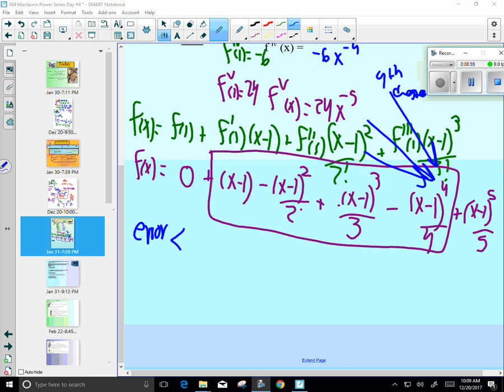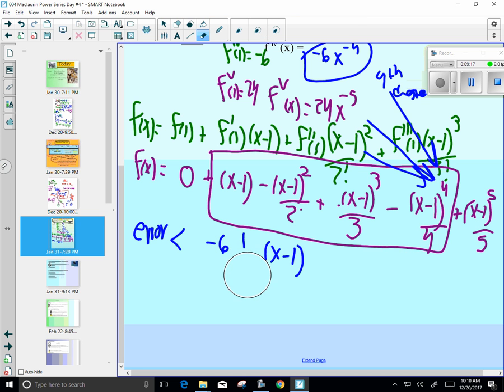I'm going to take this 5th derivative, which is negative 6 times 1 over x to the 4th, times x minus 1 to the 5th over 5 factorial.